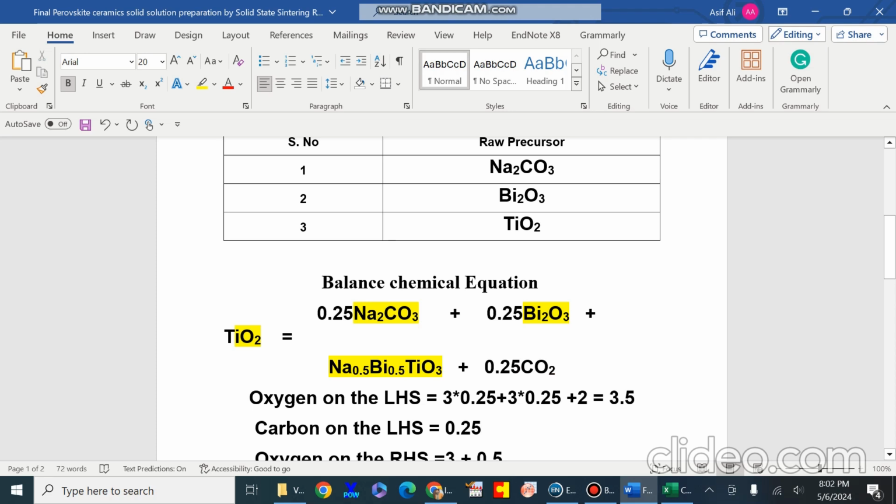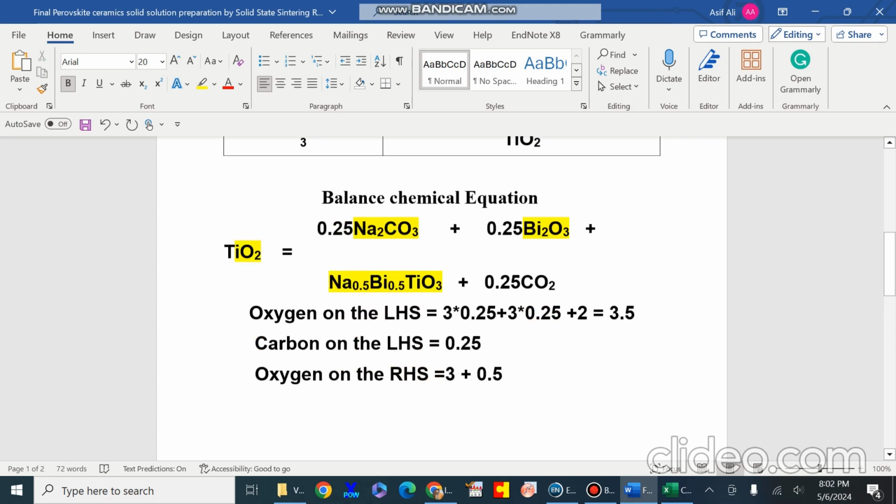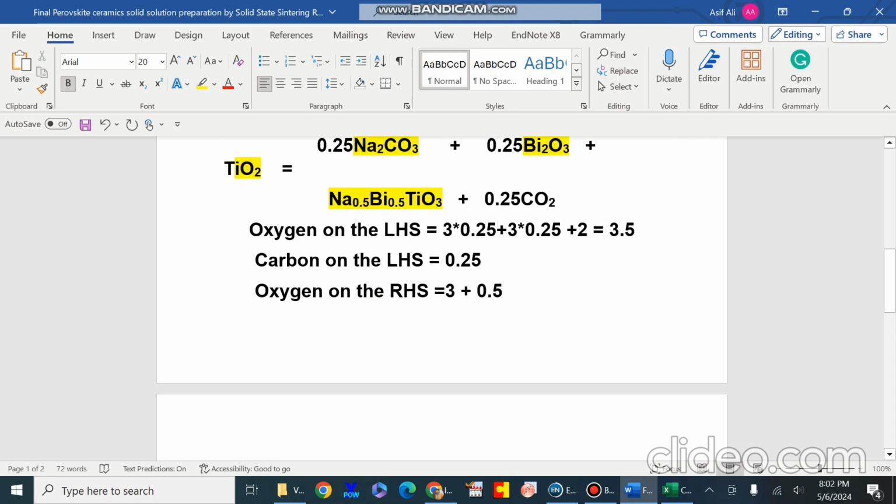Now we will measure the oxygen on the right side of the equation as well. On the right side we have 2 multiplied by 0.25, so 0.5 concentration as a whole. So 0.5 oxygen is here and 3 oxygen is here, so in total we have 4.5.